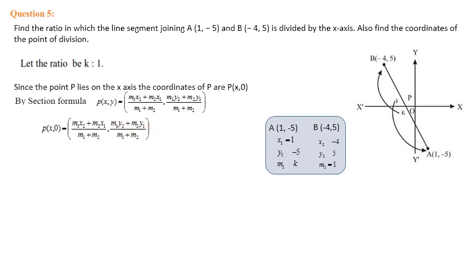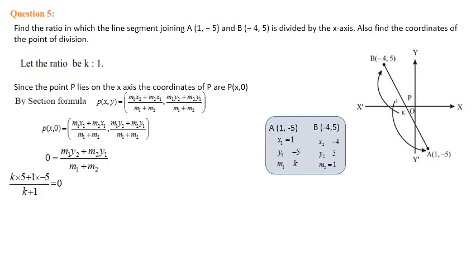Now just equate the coordinates: the y coordinate here is 0 and there it is (m1y2 + m2y1)/(m1 + m2). That is, 0 = (m1y2 + m2y1)/(m1 + m2).